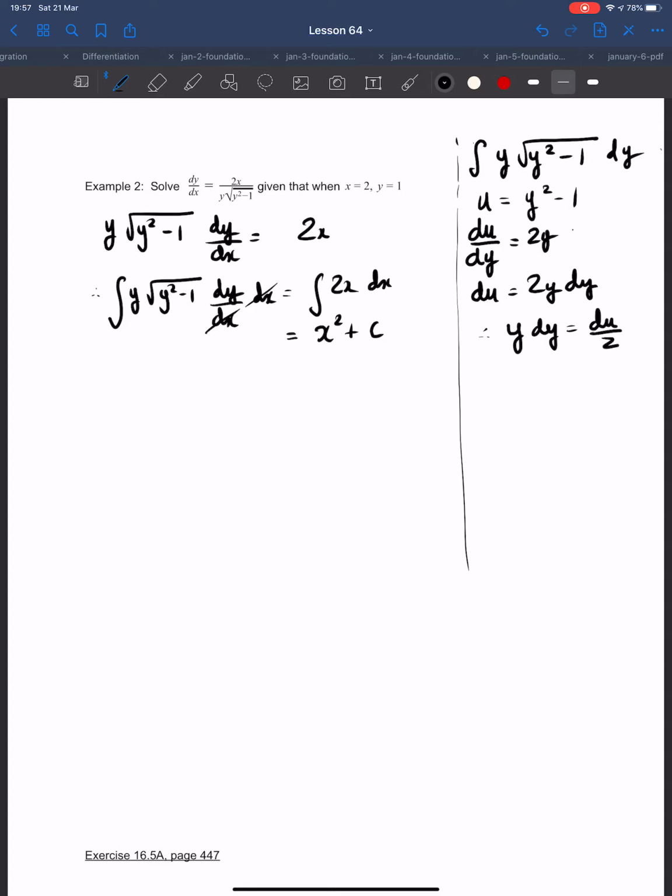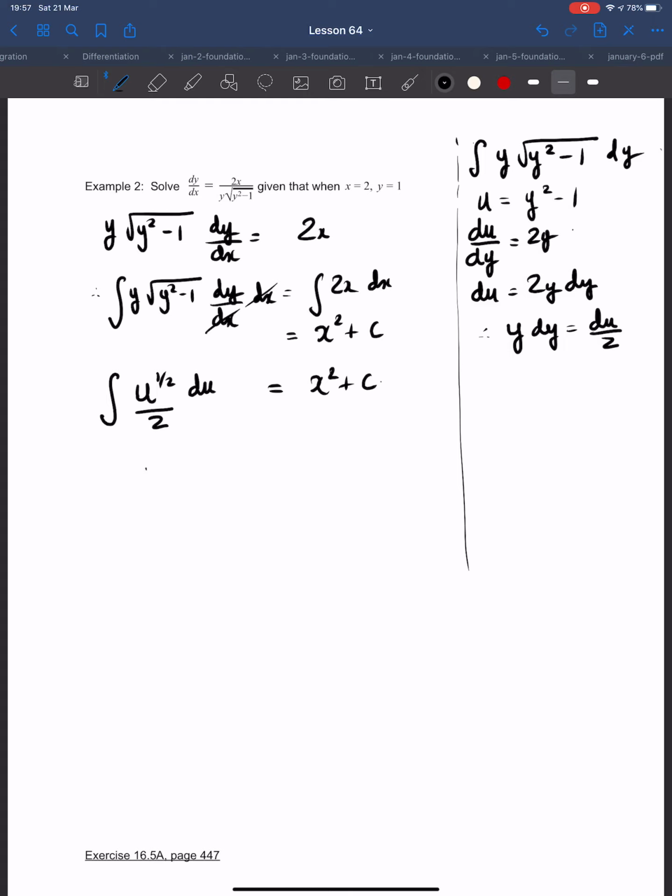Now back to this bit here: the integral, root y squared minus 1 is u to the power of half, or root u. The y dy that's left is du over 2, and I put the 2 over there, and that's x squared plus c. So we've got to integrate.